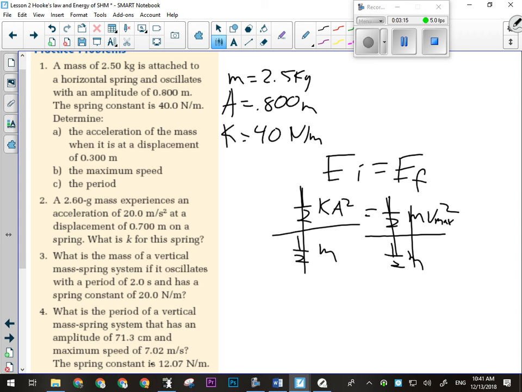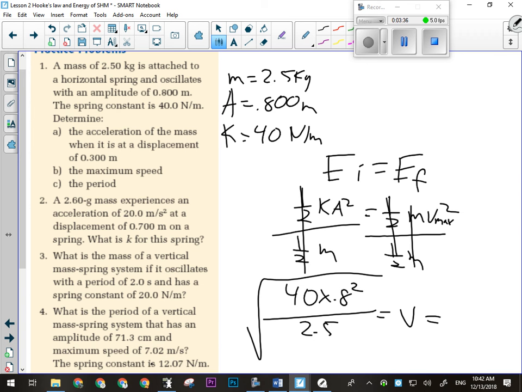The halves will cancel, and then I just have to plug in my number. So k was 40, the amplitude was 0.8, and that has to be squared, and I'm dividing that by the mass, 2.5 kilograms, and then I'm going to square root that in order to get v.